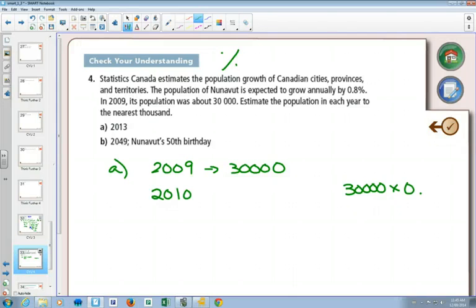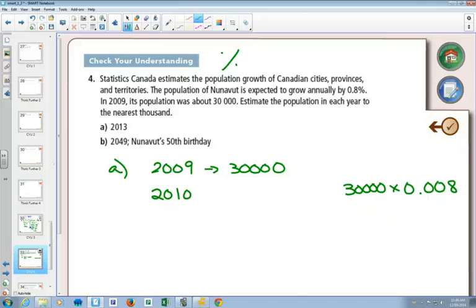Times 0.008, because decimal 0.08 would be 8% increase, 0.8 would be 80%, and 0.8% would be 0.008. So if I do that on my calculator, I've got 30,000 times 0.008.